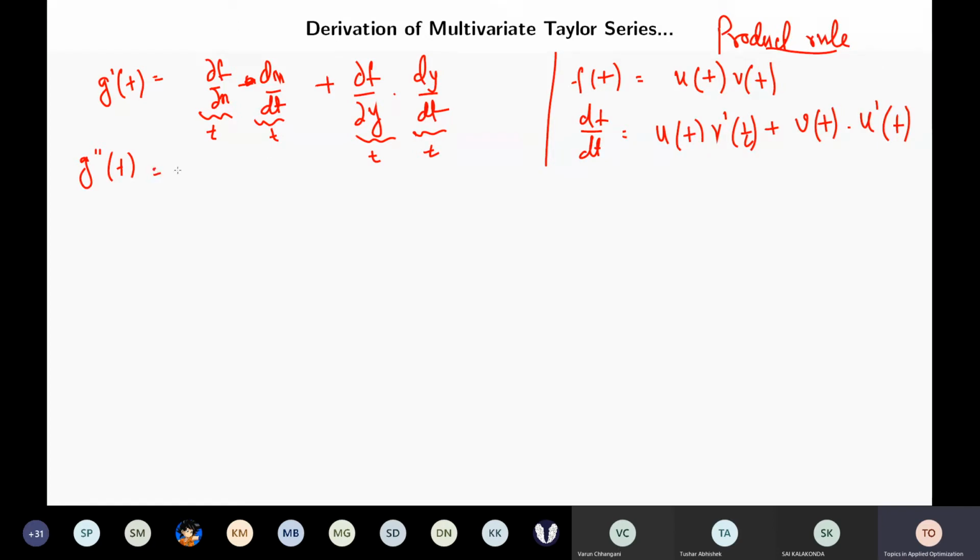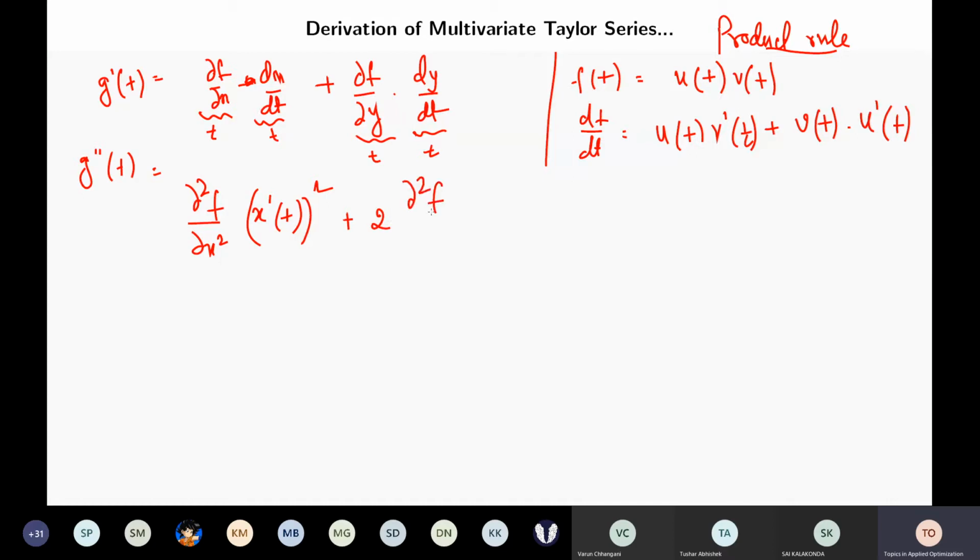So if I apply all this, then what I will get is the following. I will apply the product rule. So what do I get? I get del 2f by del x square and then x prime t whole square. I have done a little bit of simplification also.